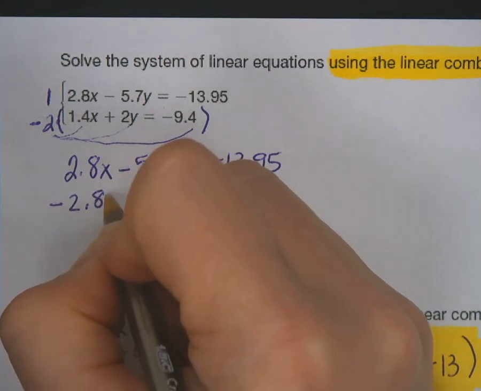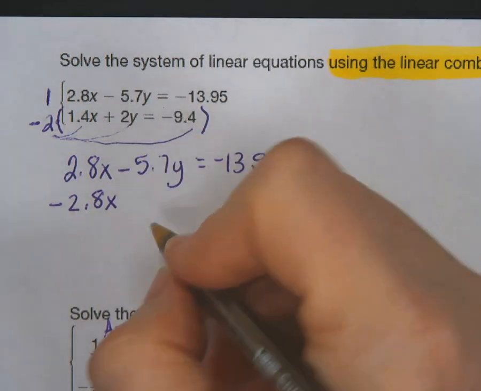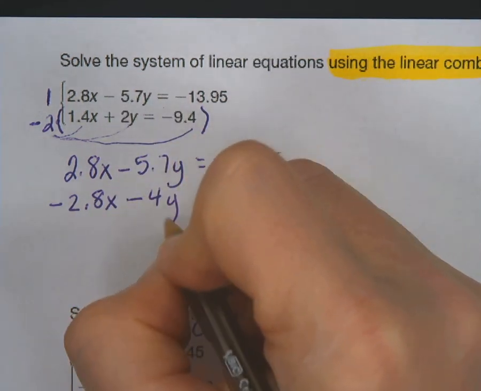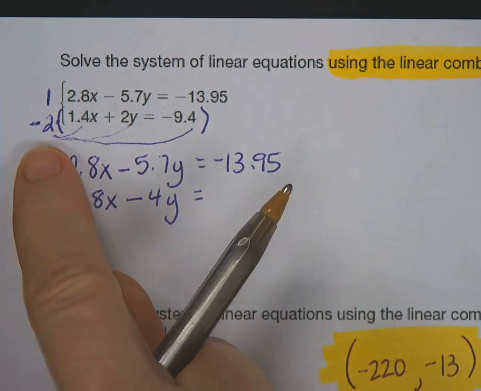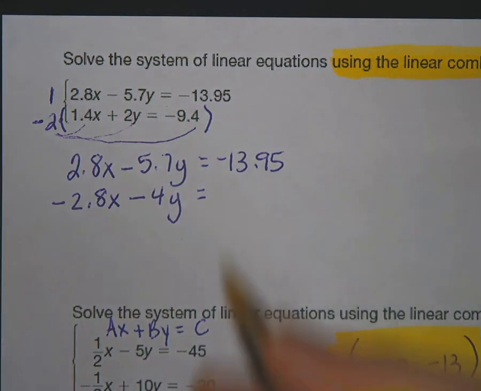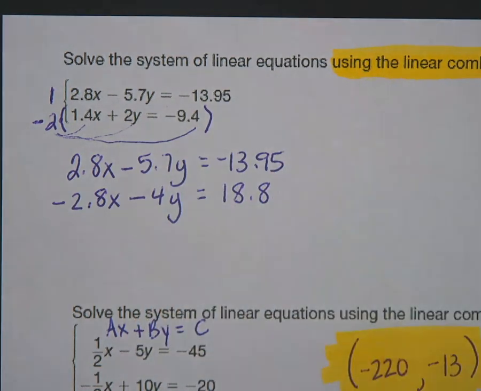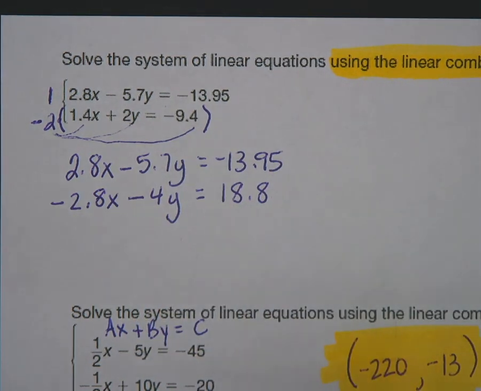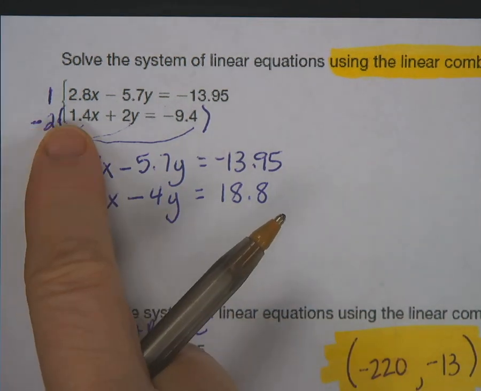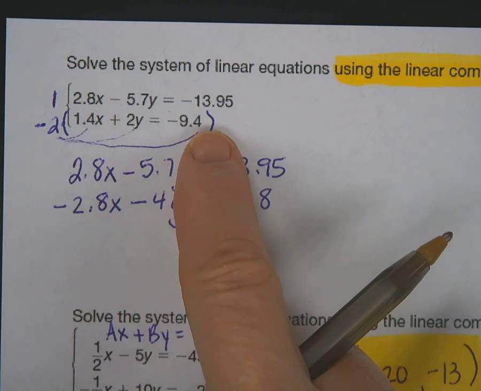So I get negative 2.8x. Negative 2 times 2y is negative 4y. And negative 2 times negative 9.4 is positive 18.8. So it's important that when you multiply this entire equation by negative 2, you don't forget this value over here.